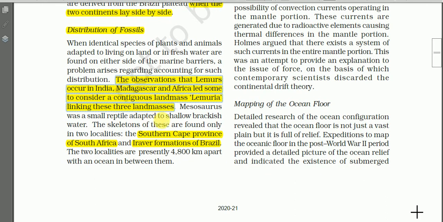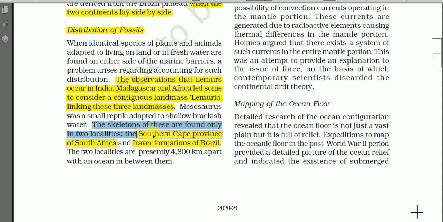Okay, and Mesosaurus was a small reptile adapted to shallow brackish water, and the skeletons of these are found only in two localities. Skeletons of these fossils of Mesosaurus, a kind of dinosaur, are found only in two localities.